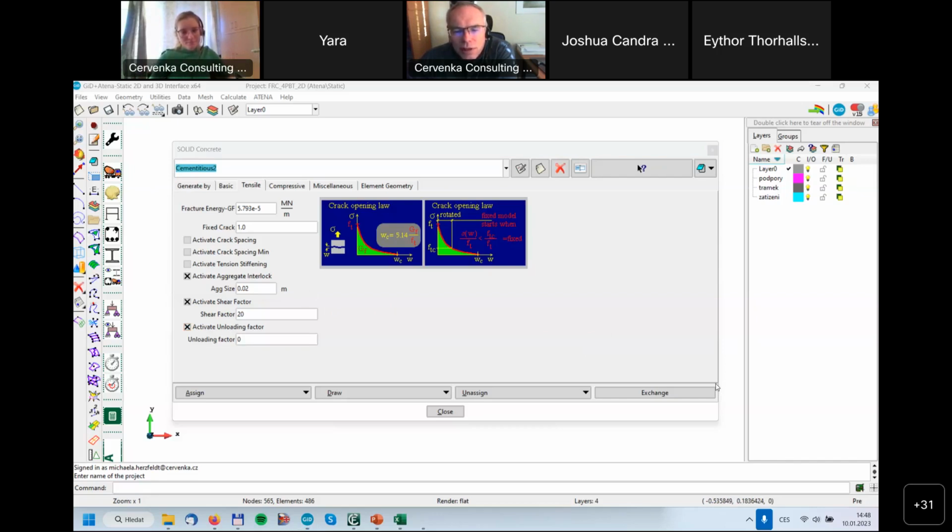So this is a little bit different law, which is related not to some arbitrary, empirical law like Kolmar's rule, but to the stiffness of cracked concrete. So normally in ATENA, we recommend using this approach with the shear factor.